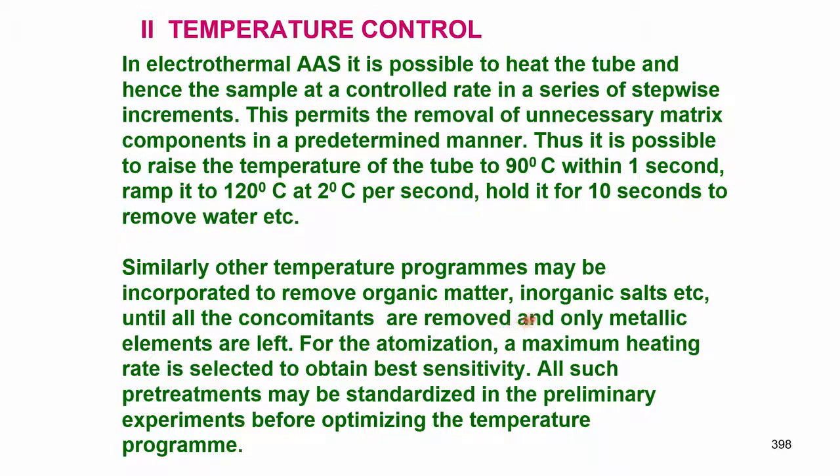What remains? What remains is only metallic elements, maybe their oxides, okay. And the oxides get reduced to metal because of the carbon atmosphere. So, for the atomization, a maximum heating rate we require, because after 1000 degrees nothing organic is left. At that time I increase the heating rate to very fast, to 3000 degrees centigrade, okay, 2000 degrees.